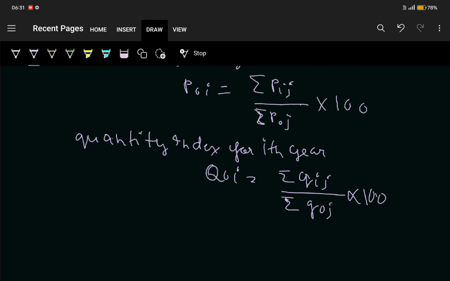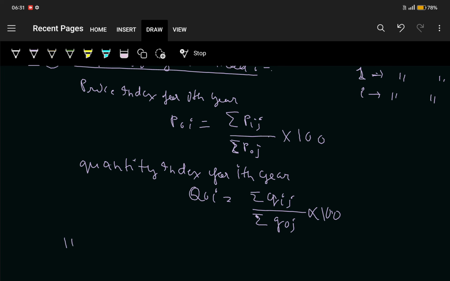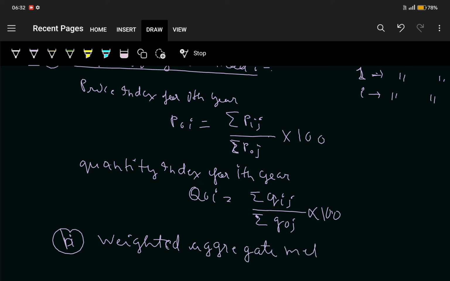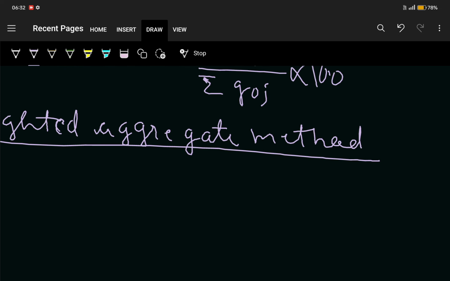And the second method is weighted aggregate method.